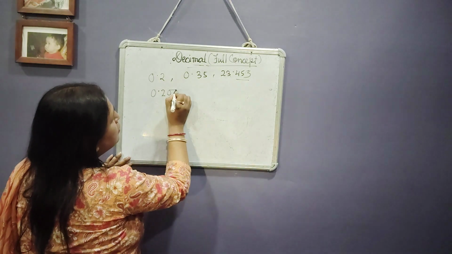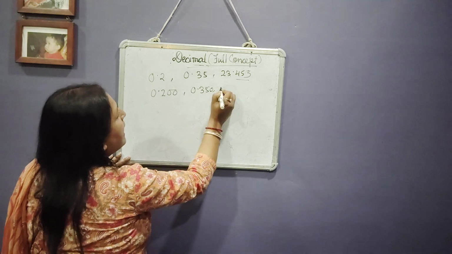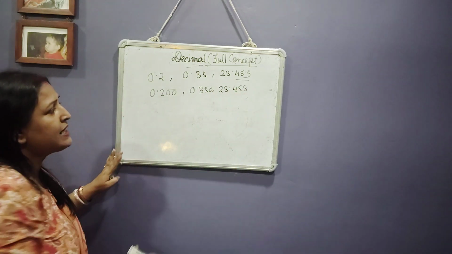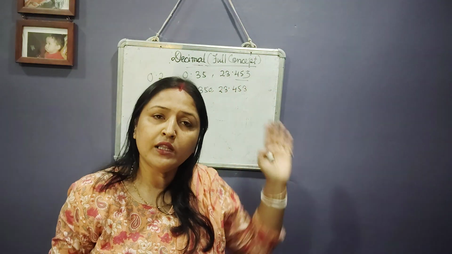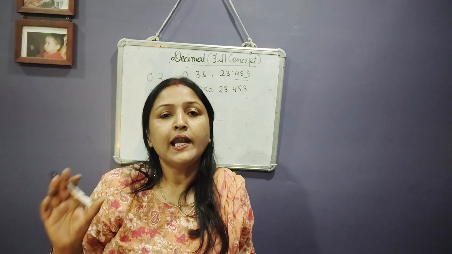Two 0s, so 0.200, 0.350 and 23.450. You can see that now it has converted into like decimal. In this manner, you can convert unlike decimal to like decimal.